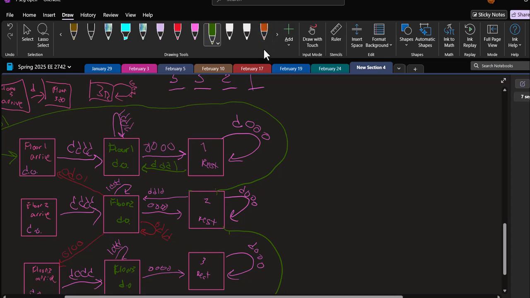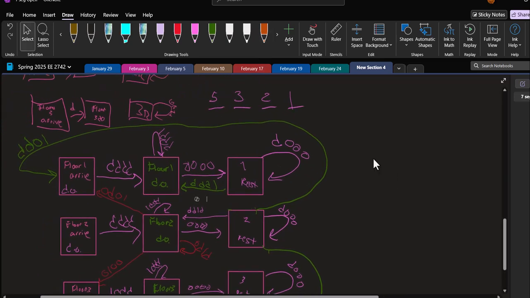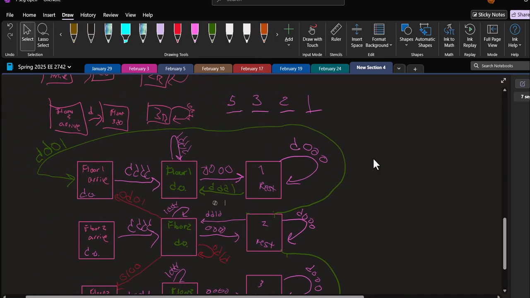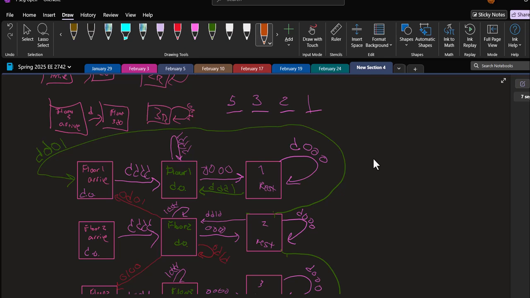Okay. Yeah, so this one is, we're going to floor 2 and somebody's getting off at floor 2, someone selected floor 2. So we don't care about the hold button, we don't care about floor 3, we have a 1 for floor 2, and we have a 0 for floor 1.